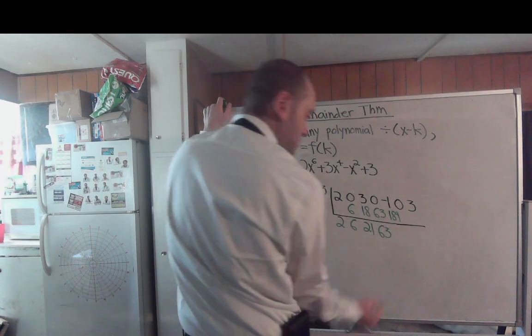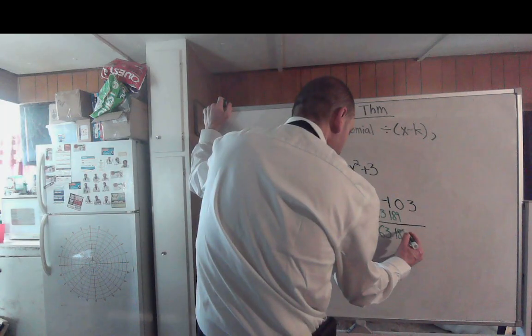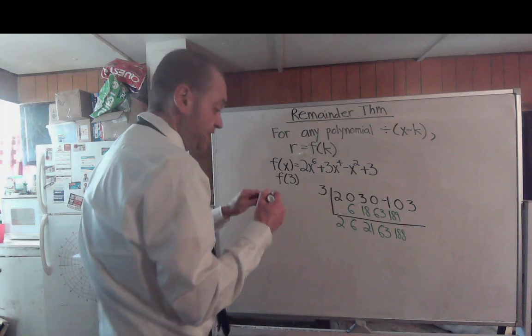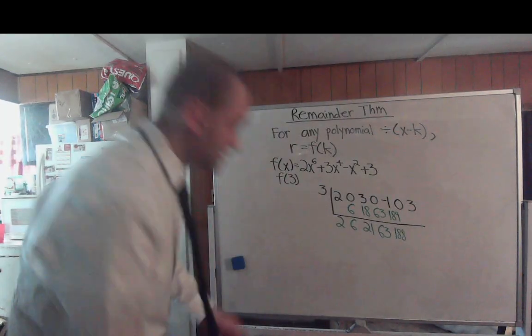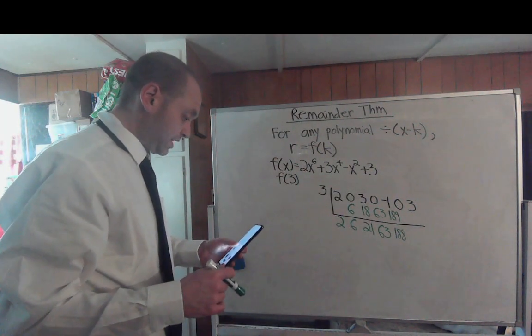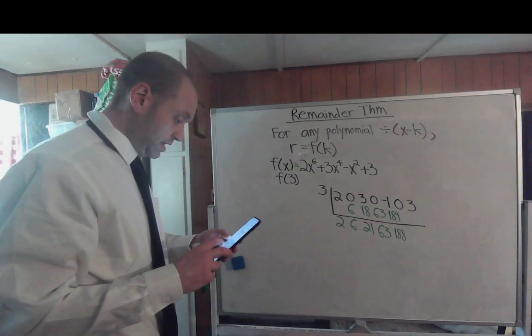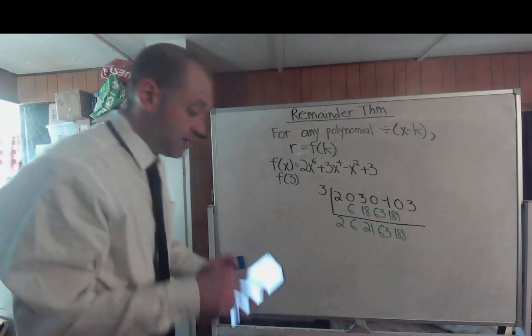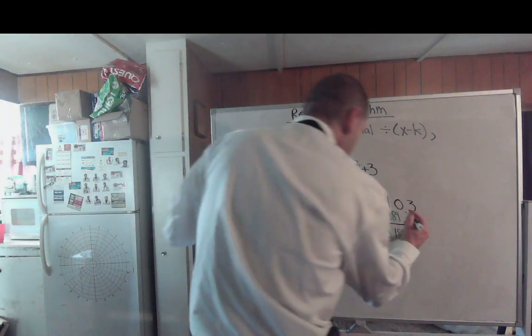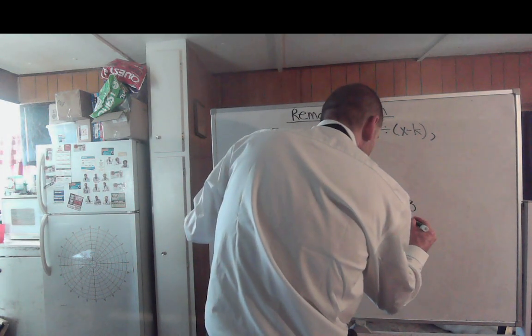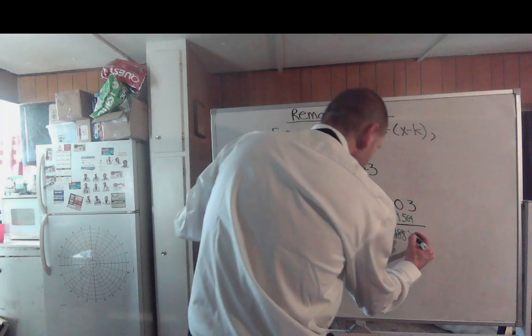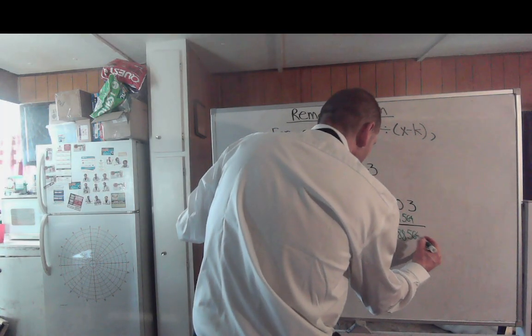Negative 1 plus 189, that's 188. Now take 3 times 188. You end up getting 564. So add that 564 to 0, you get 564.